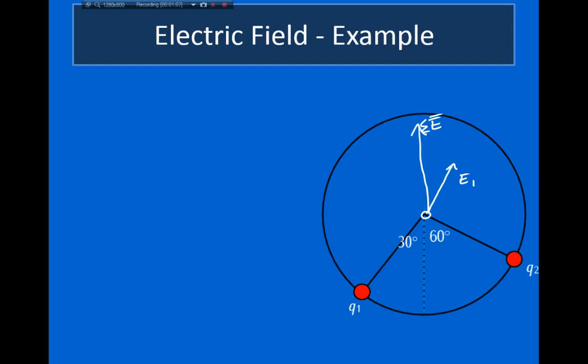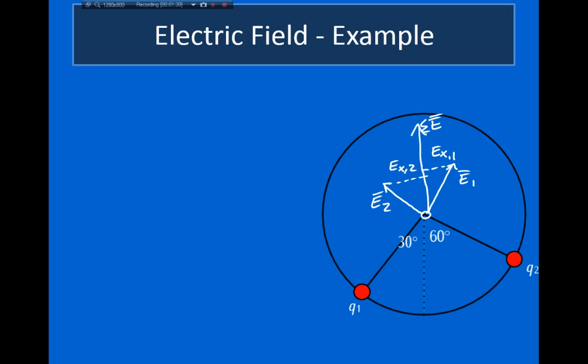So for example, Q1 creates an electric field that points like this, and it has some x component, I'll call that QX1, and Q2 has some electric field that points like this, and it has an x component that I'll call QX2. So this is the electric field that's created by charge 2. And these two x components have to cancel.